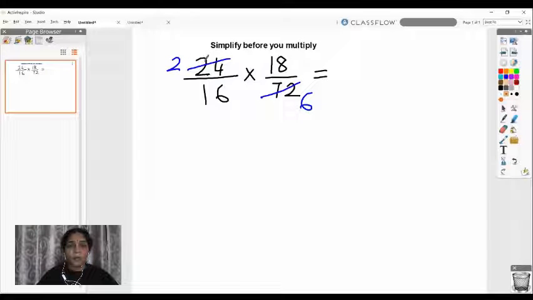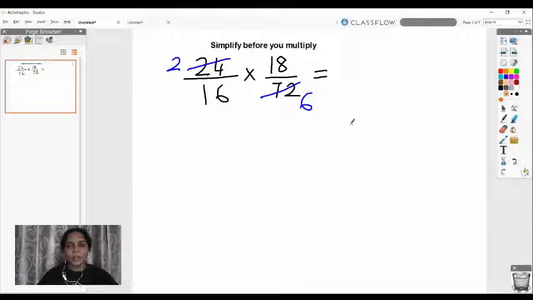Understand one thing, for both 24 and 72, I use the same table, 12 twos and 12 sixes. That's very important. You cannot use 12 for the top one and some other, say 8, for the bottom one. Both the numbers have to come in the same table.